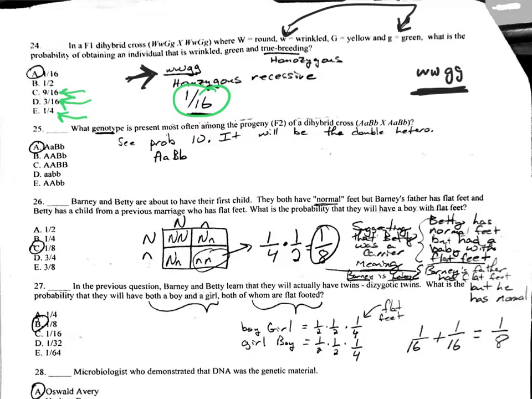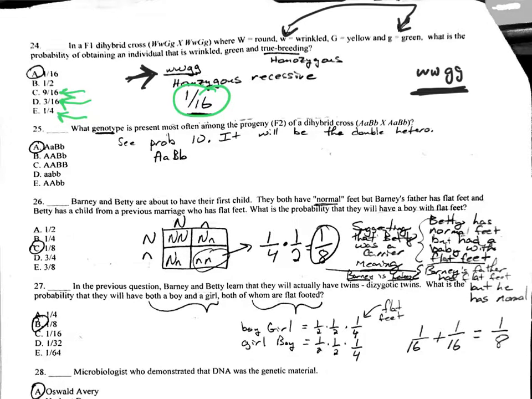Number 25. What genotype is present most often in the progeny F2 generation? So here's your cross. Again, heterozygotes, right? What is the one that you're going to see most often? It's going to be this one, right?